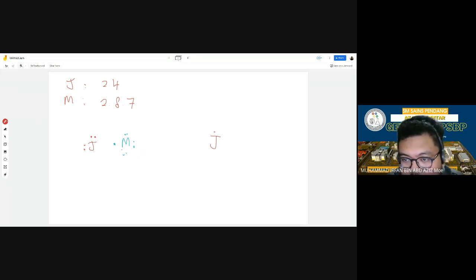Okay, cikgu lukis dulu. Because J ni needs 4 more electrons. So apa yang akan jadi ialah, okay, 4 electrons. So it needs, tengok pula ke M. Okay, macam tu M. So we will have 4M and 1J.